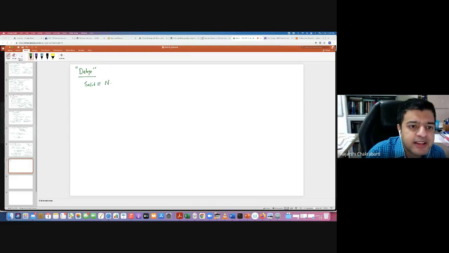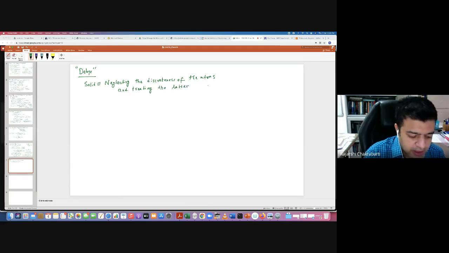We can neglect this by neglecting the discreteness of the atoms and treating the lattice as if it were a continuous, isotropic, elastic medium.